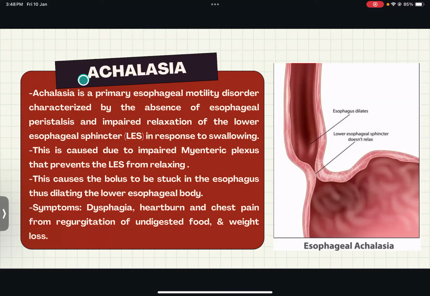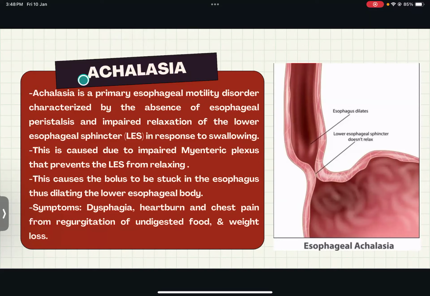And if you think about it, when we discussed how the normal physiological peristalsis happens, or how the lower esophageal sphincter opens, we were discussing it in terms of muscles and innervation. So if there's a problem here, it's either the muscles or the innervation, right? And when it comes to achalasia, it is due to impaired mesenteric plexus that prevents the LES from relaxing.